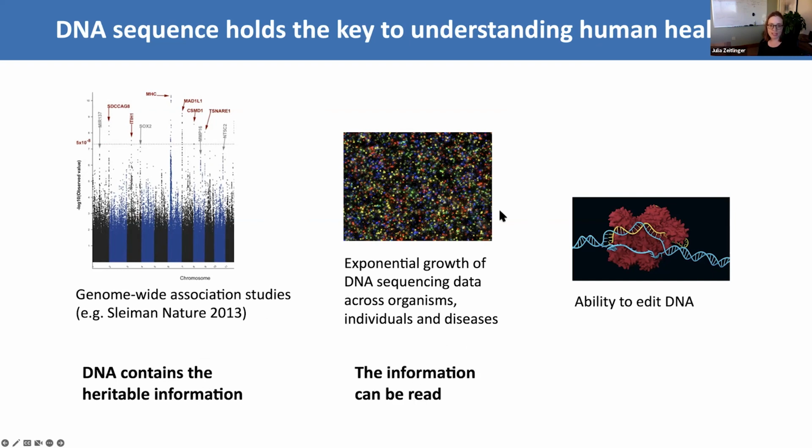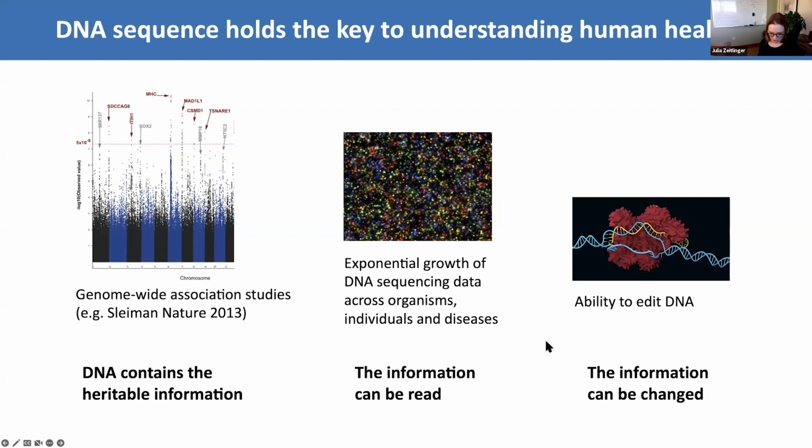We can also read this information incredibly well using sequencing on large scales, of course. We can also edit this information using CRISPR and more specialized techniques derived from there. So this should be very, very powerful, but we're really hindered by our ability to read what's encoded in the DNA.